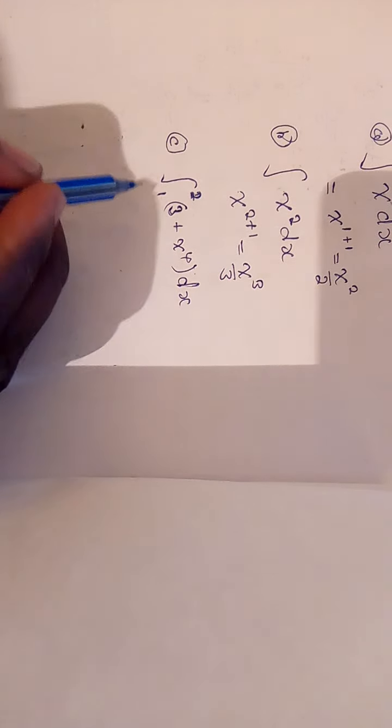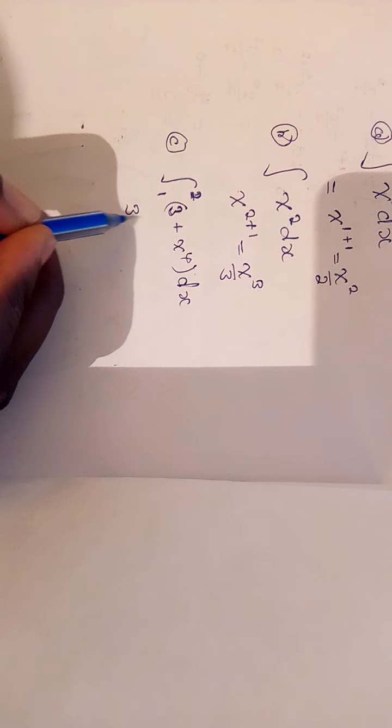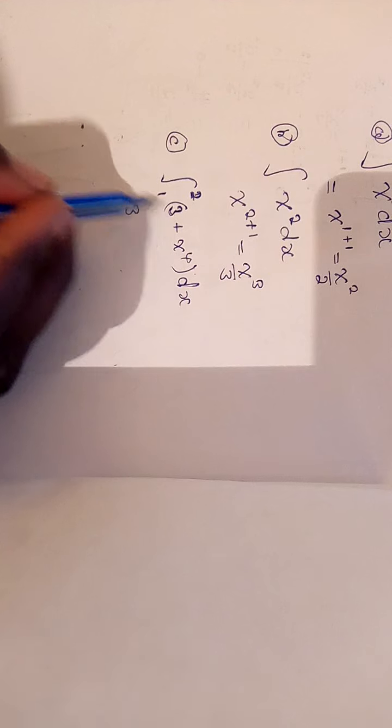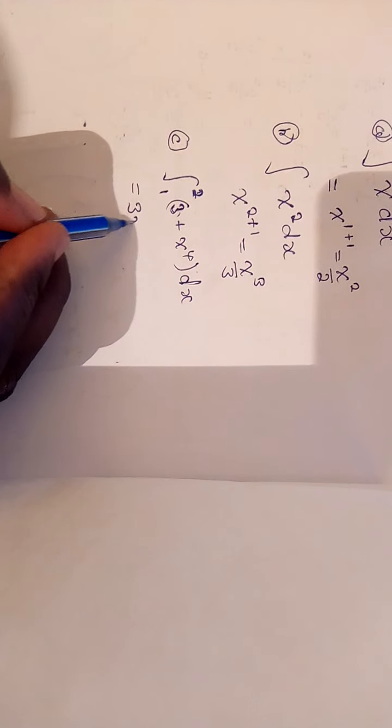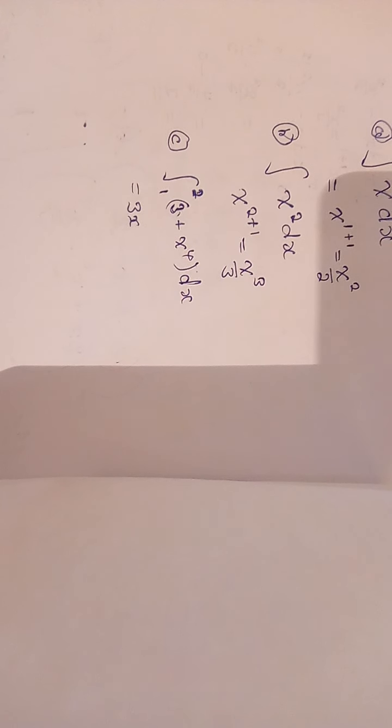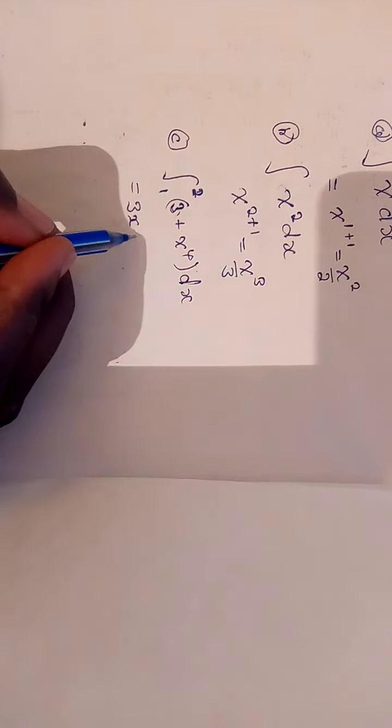How are we going to do it? For this one, you say, do we have any letter with the 3? There is no letter. Since there is no letter, we just put a letter. That's all. There is nothing like dividing if there is only a number.